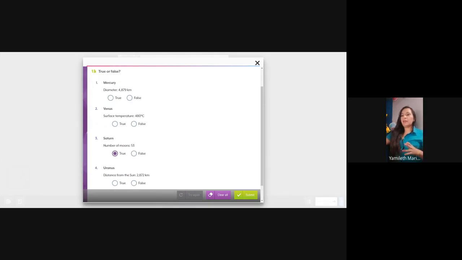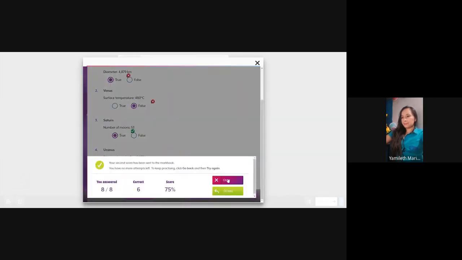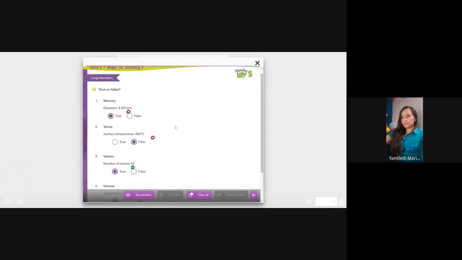Try again. We have Mercury diameter, 4,879 kilometers. This is true. Venus, this is true. As you can see, this is false. This is the correct option.